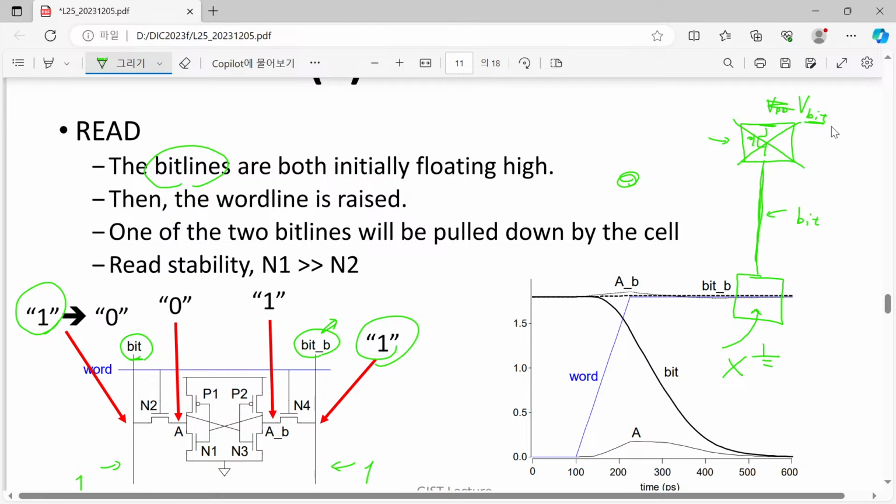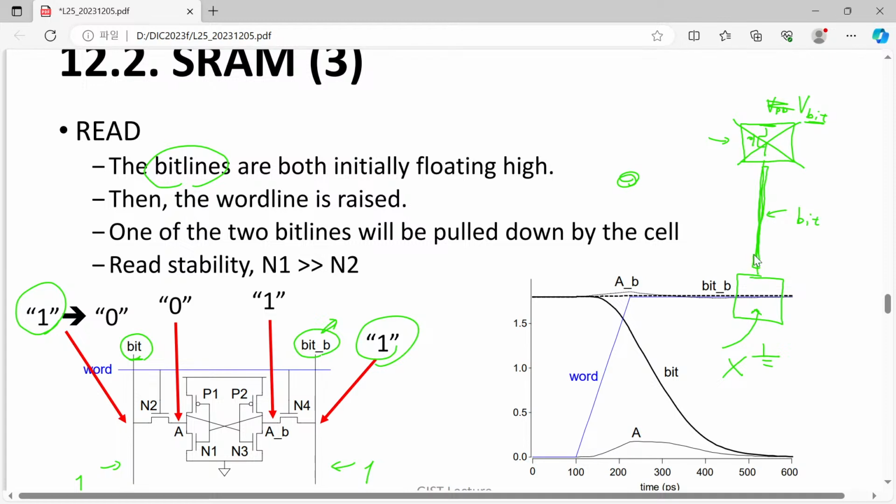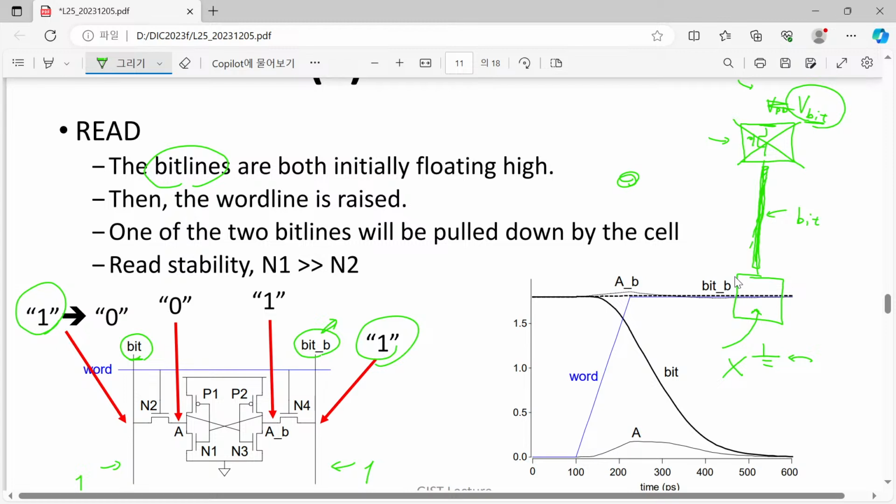Then, although it was initially charged to the bit line voltage, the connection to that voltage is now lost. There exists only one metal line, which is charged but now separated from the ground or the bit line voltage. So now its value is floating.